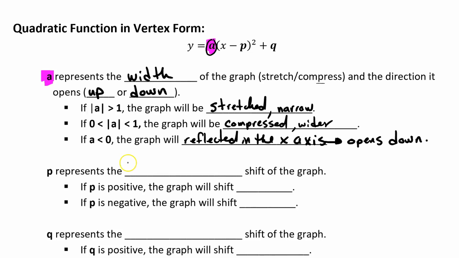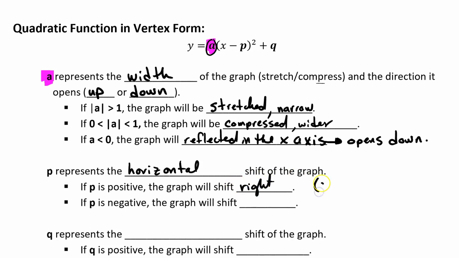P represents the horizontal shift of the graph. Now here's the tricky bit. Because the P is stated as it is, if P is positive, the graph will shift right.